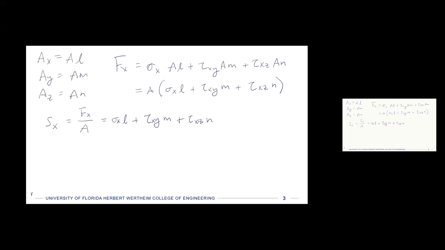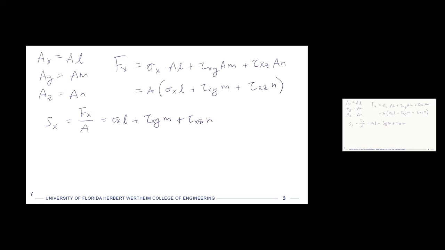Okay, so this is getting a little neater now, right? But we want these components in the normal direction to that cut plane, because then we can describe it as a stress and a vector rather than all of these different components, okay?